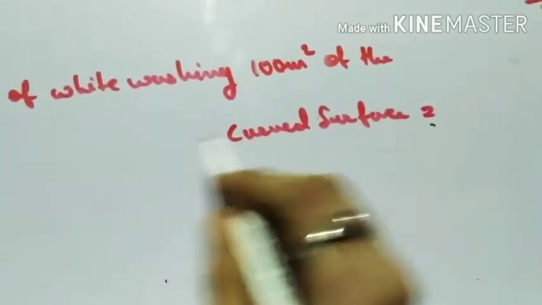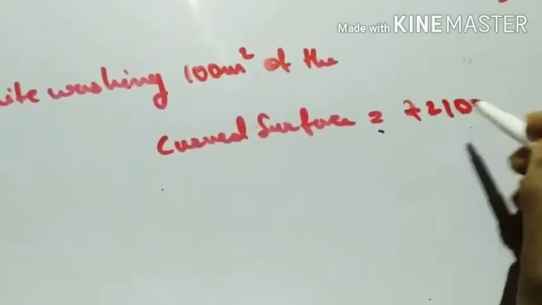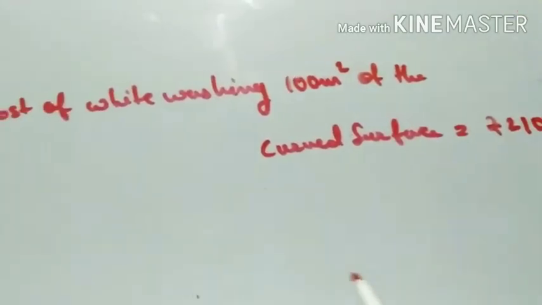Cost of whitewashing 100 meter square of the curved surface, it is equals to rupees 210. Okay, it is equals to rupees 210.